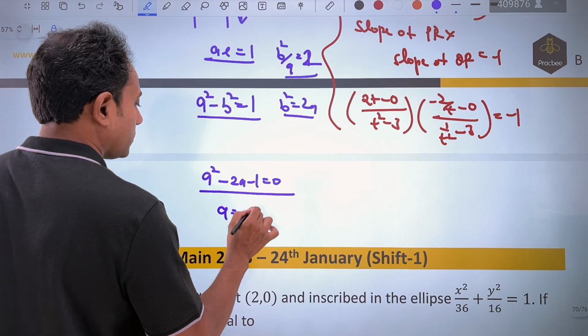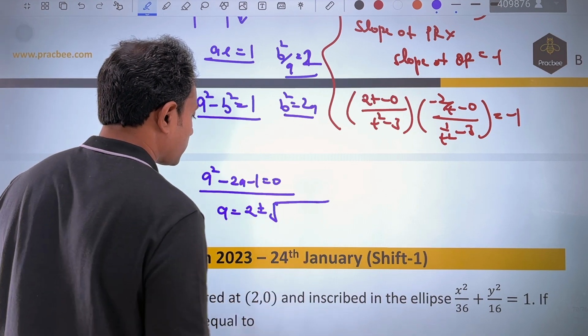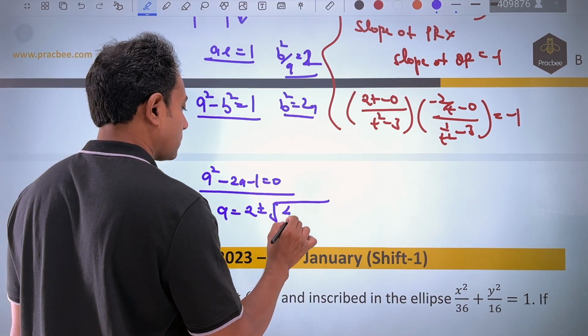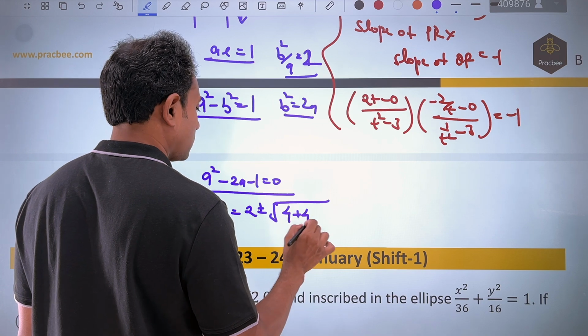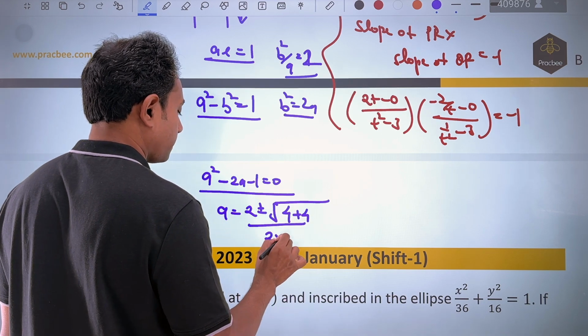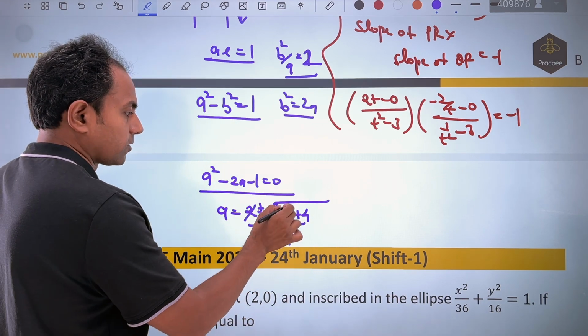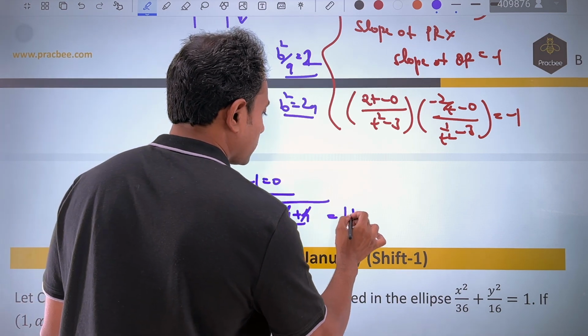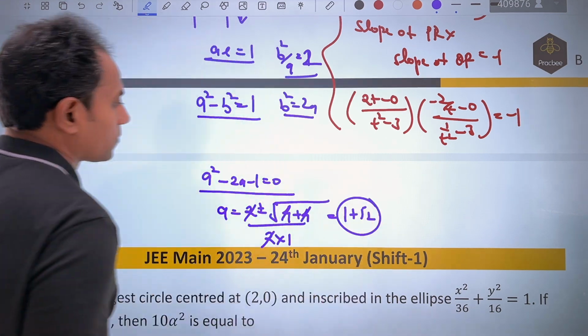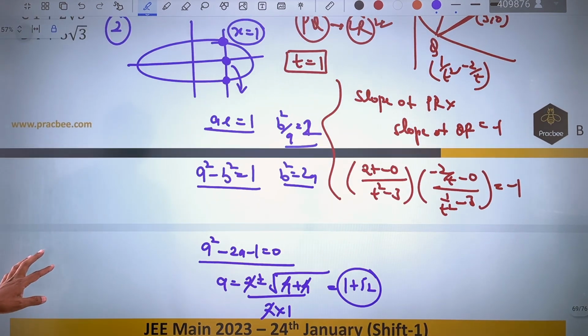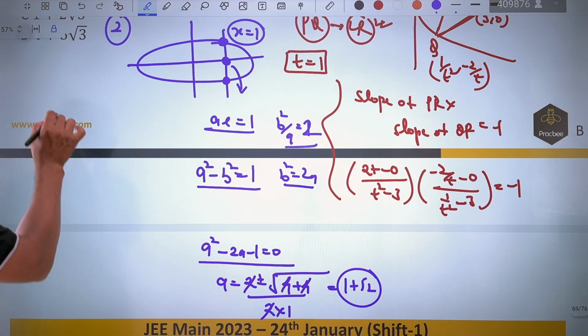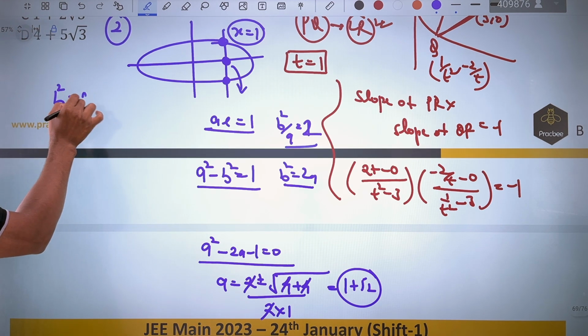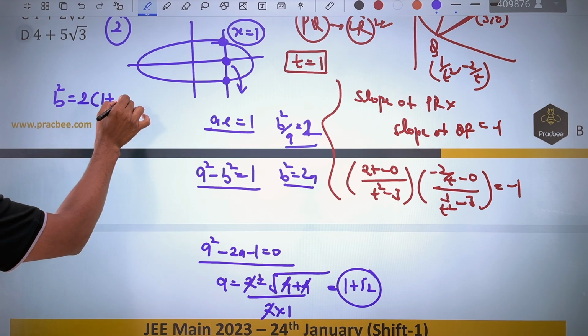So a comes out to be 2 plus minus root of b square minus 4ac by 2a. So 2 will get cancelled out. What we are getting is 1 plus root 2. So what we have figured out is the value of a. From here, the value of b square will become 2 times 1 plus root 2.